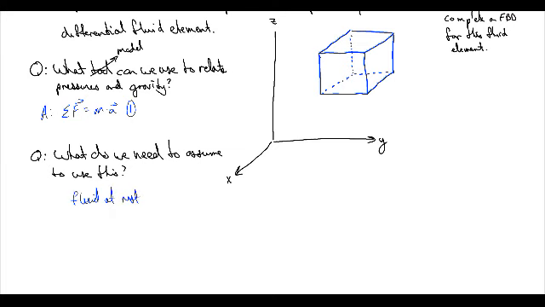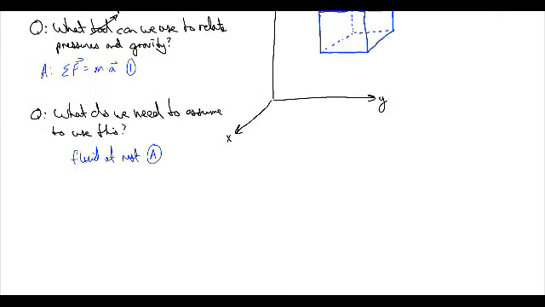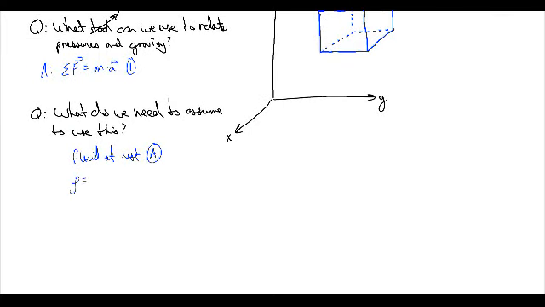We're going to label our equations with numbers and our assumptions with letters. And let's also assume that our density is equal to a constant. Call that B. And that gravity is equal to a constant. We'll call that C.